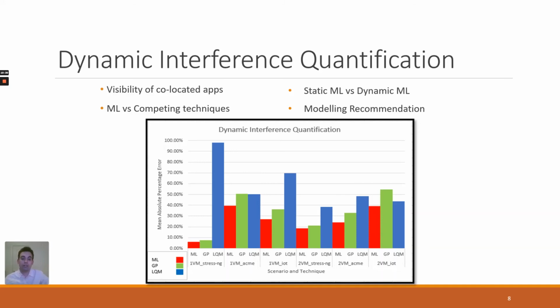Also, it does not require a long training time, unlike the static technique counterparts, which required 40 hours to collect the training data. Therefore, dynamic modeling is highly recommended and practical for modeling the interference caused by applications unknown at runtime.